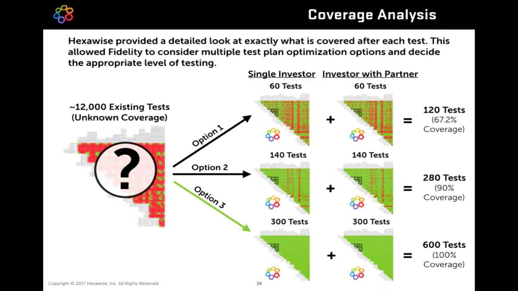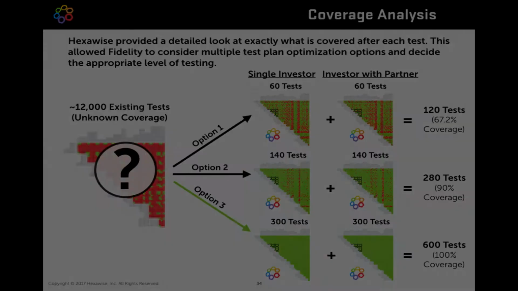In this particular diagram, what I'm showing you is we have two different types of investors, somebody who's single versus an investor that's investing with a partner in hand. We can articulate exactly what the test cases were. The bottom scenario here, you see a little cluster of black where we explicitly removed some of the test cases. Everything else is green. I'm able to say with assurance that I've got 100% test coverage.